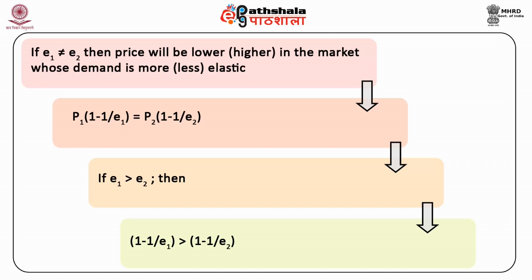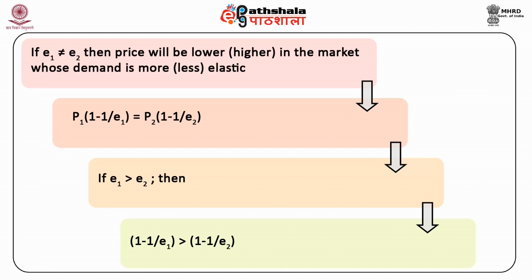P1 (1 minus 1 upon E1) is equal to P2 (1 minus 1 upon E2). If E1 is greater than E2, then 1 minus 1 upon E1 is greater than 1 minus 1 upon E2.